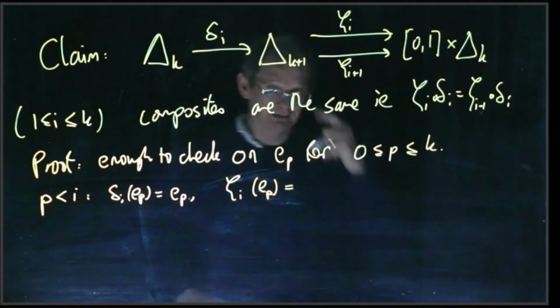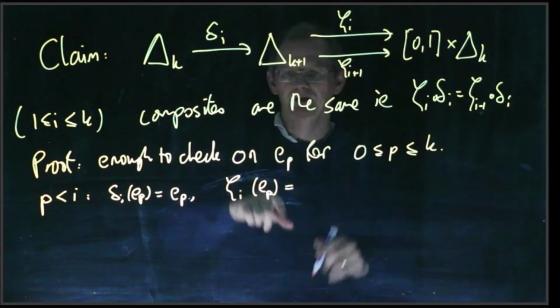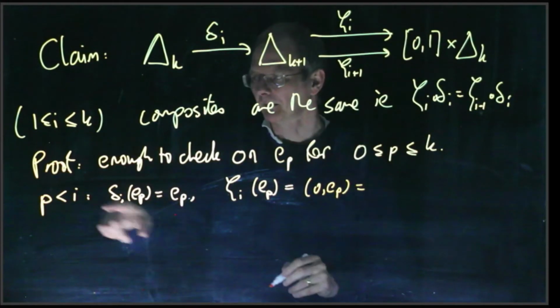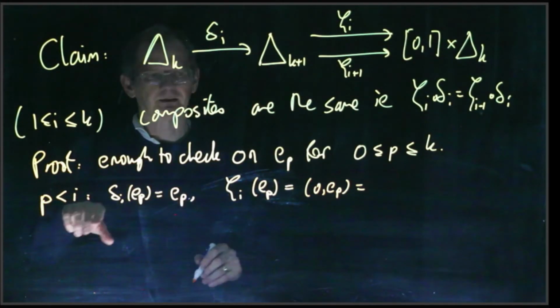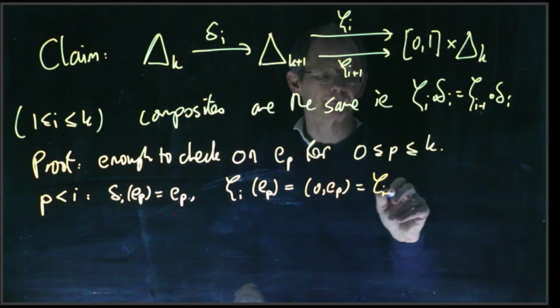Now P is less than I, so we're not doing anything special with EP. This just goes to E0 EP, and P is also less than or equal to I minus 1. So zeta I minus 1 was also just going on the bottom.